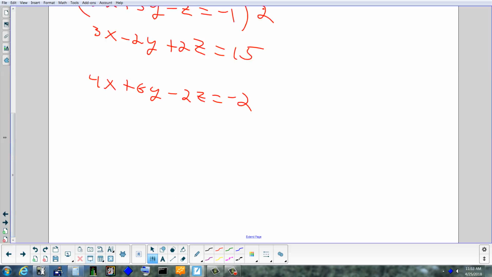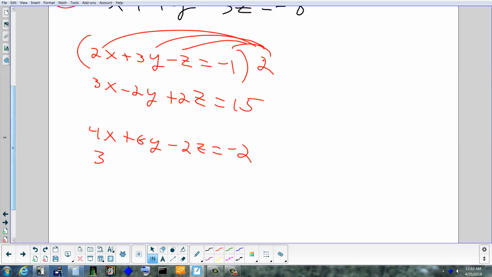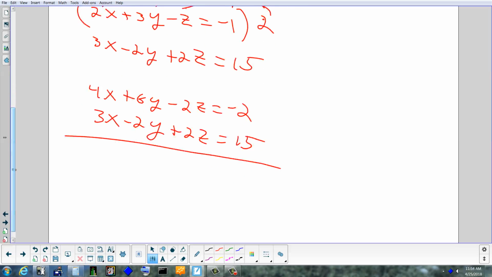Now this is why I copied it down so I can still see it. 3x minus 2y plus 2z equals 15. Okay, add them up. 4x and 3x gives me 7x. 6y minus 2y?